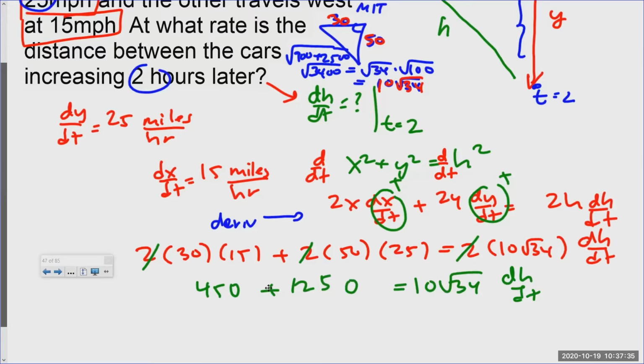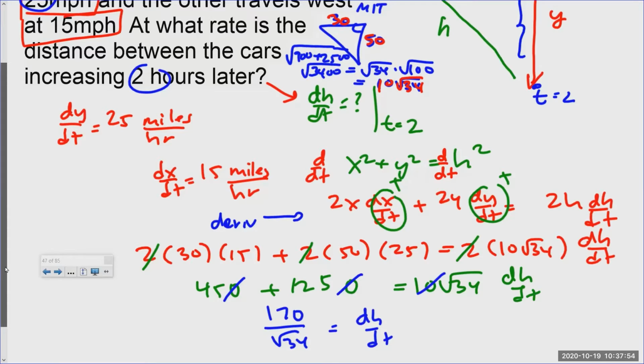I could divide everything by 10. So I get 45 plus 125, which is 170 over square root of 34. Okay, but if you have a calculator, you could do it that way too. I don't know if this is right.